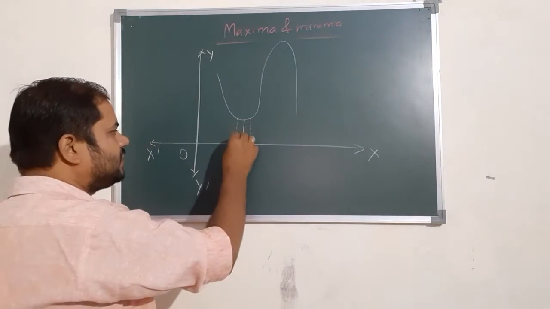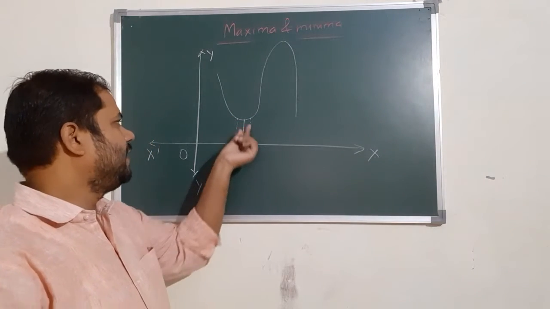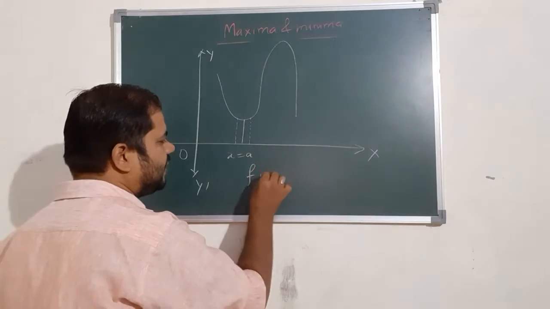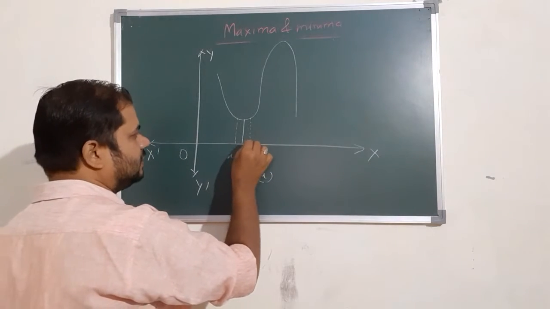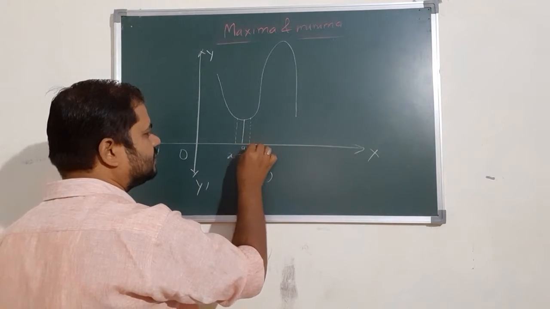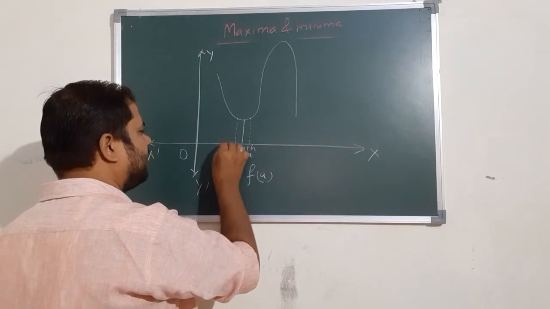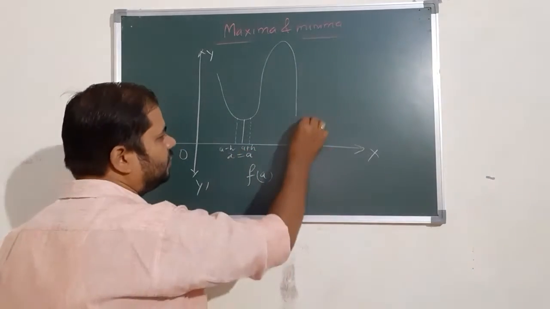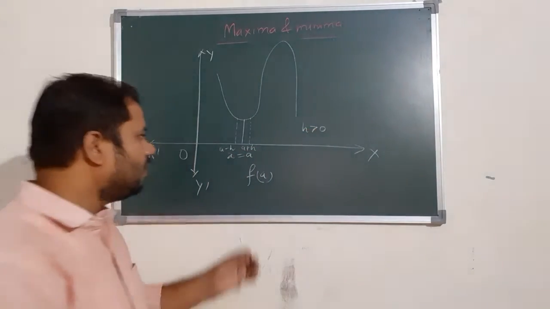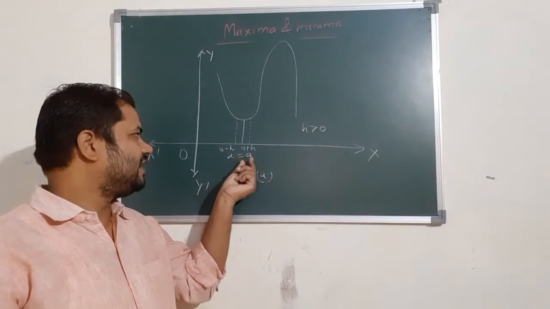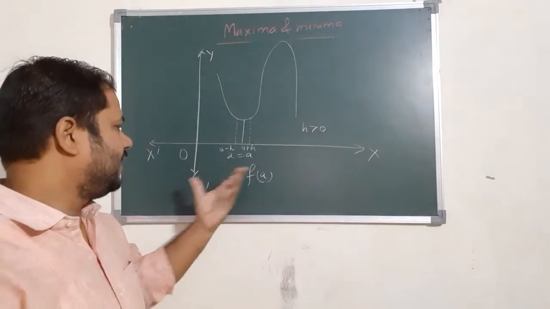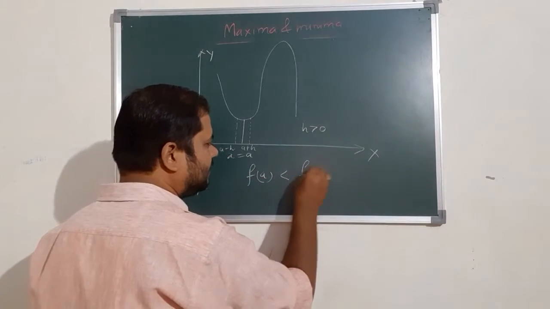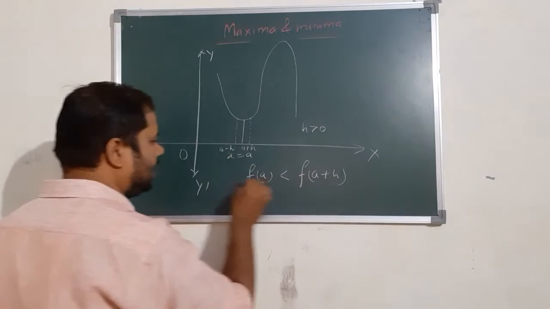You see the value of the function at x equals a is minimum. That means at a particular point, the value of the function f(a) is less than f(a plus h) and f(a minus h). Suppose this is h. H is a very small quantity, greater than 0.